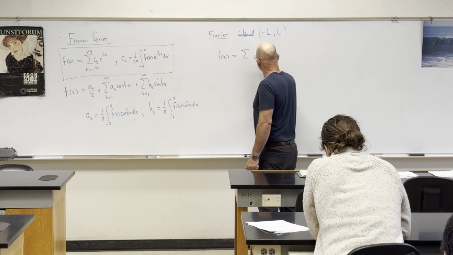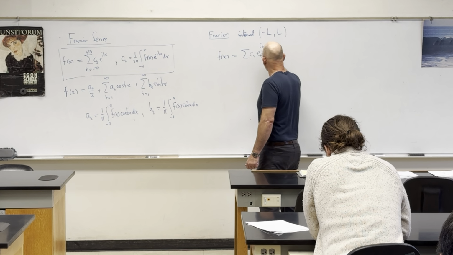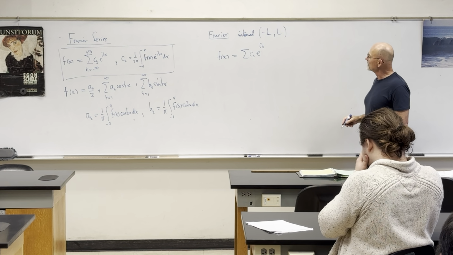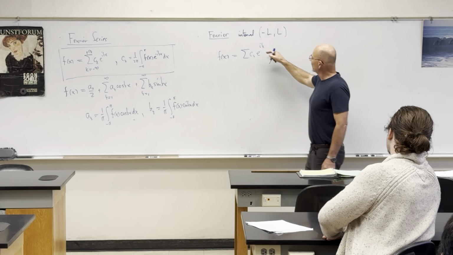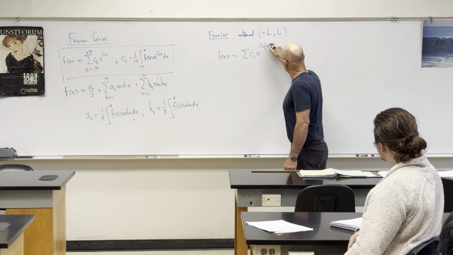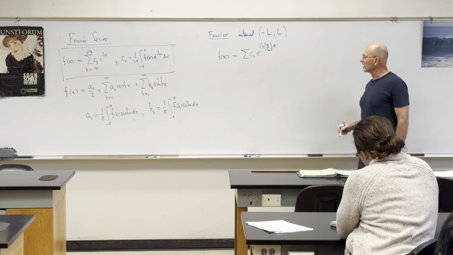So in the case of the C sub k, we had e to the I k, and then what did we do to modify this arbitrary interval just to retain the 2 pi periodicity? We had pi over L x, and then when x is equal to plus or minus L, we had e to the I k pi.